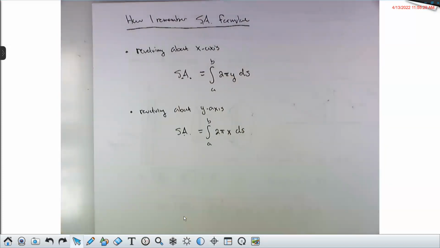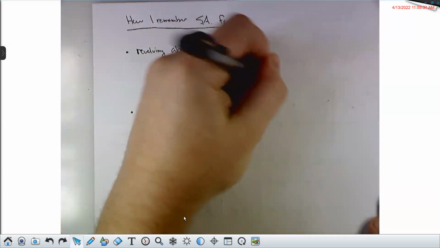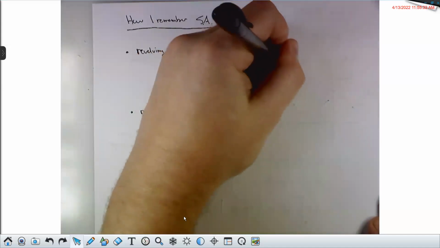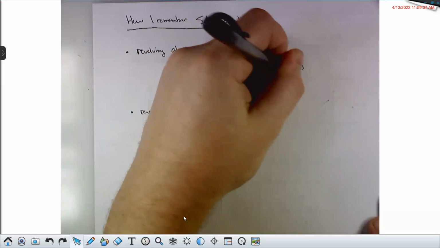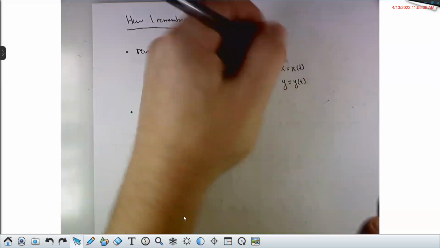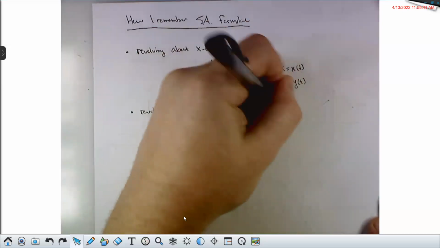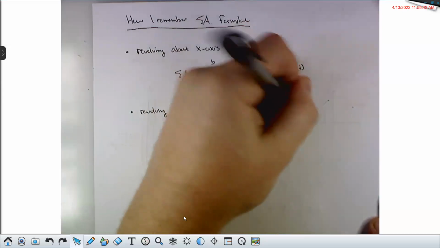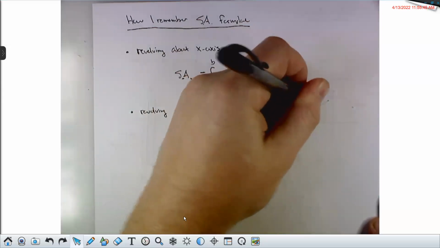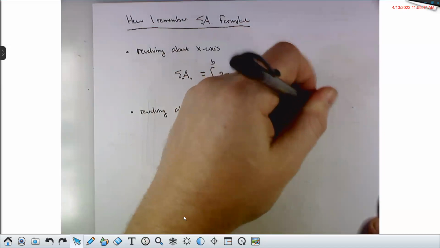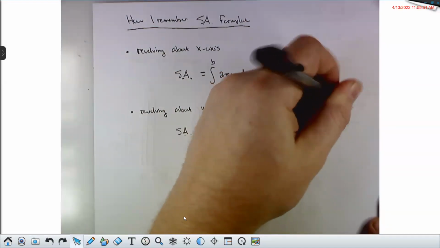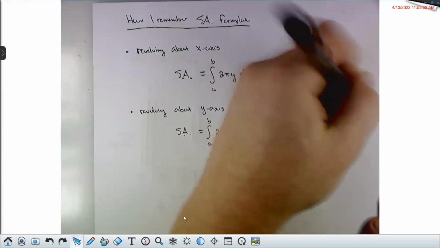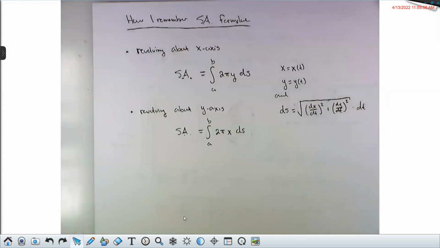And the thing that you have to remember here is where x is x of t, it's your x function. Y is y of t, it's your y function. And ds is your little element of arc length, the square root of dx dt squared plus dy dt squared times dt. So this is how I remember these, right?